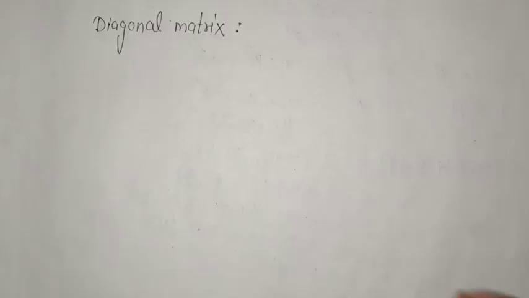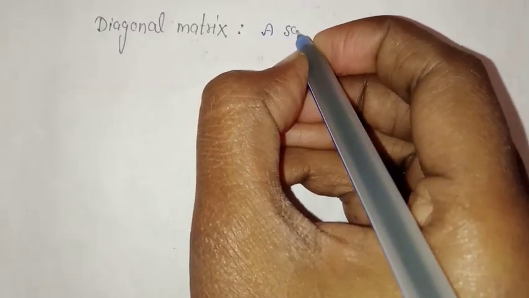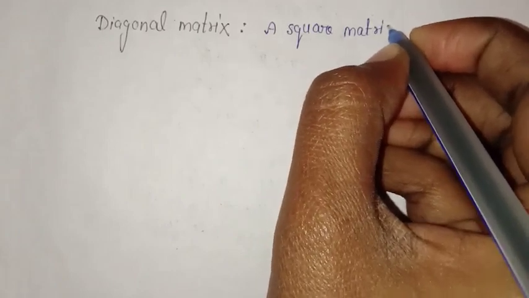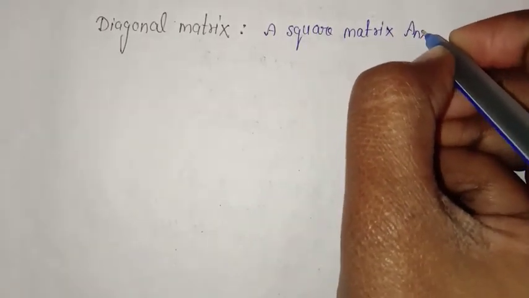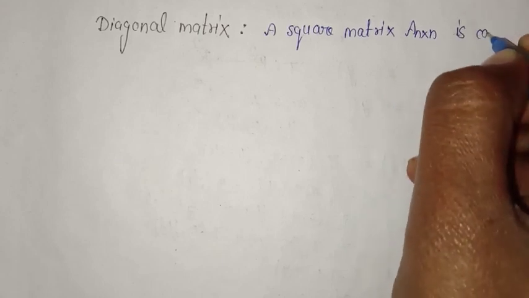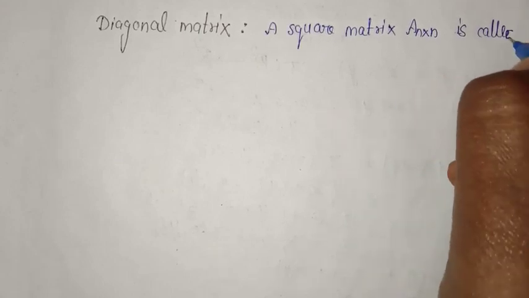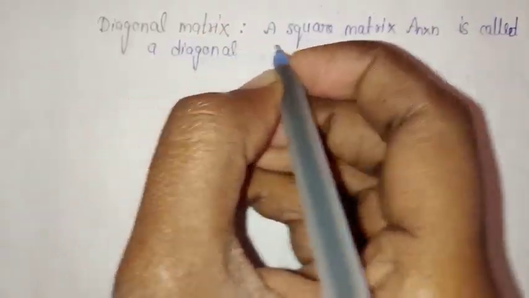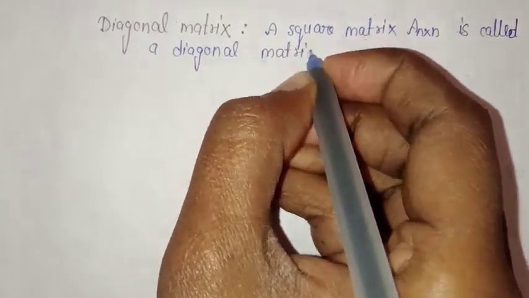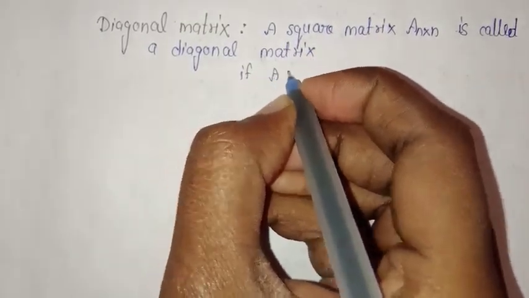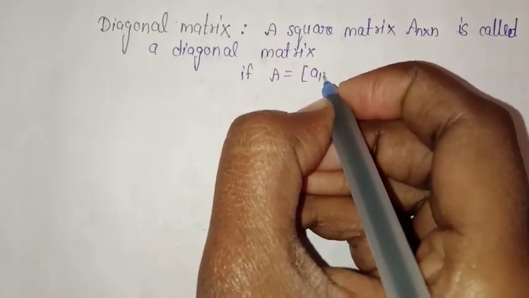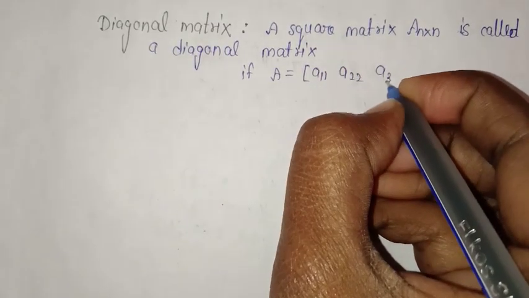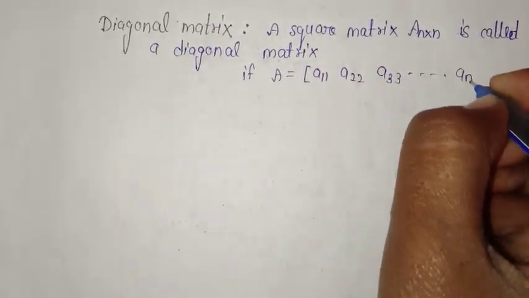Now if we define a diagonal matrix, these matrices will always be square matrices. So a square matrix A, which is of order n, is called a diagonal matrix if A can be expressed like this: A11, A22, A33 and so on, Ann.